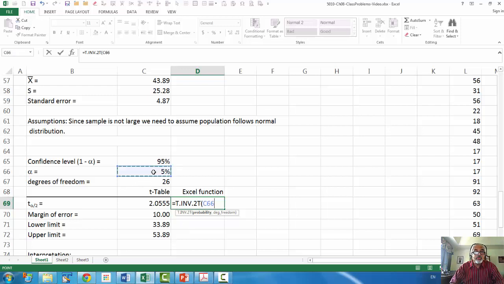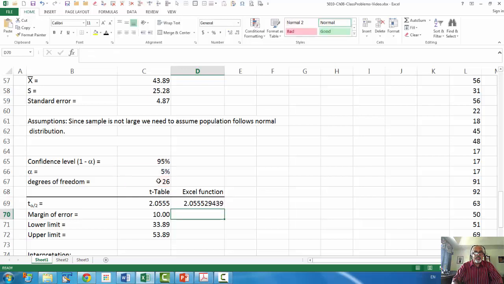So you don't need to divide this by 2. So the entire alpha, and then of course you need to provide the degrees of freedom. t.inv.2t gives you the two-tailed t-table value, which is exactly the same as before.